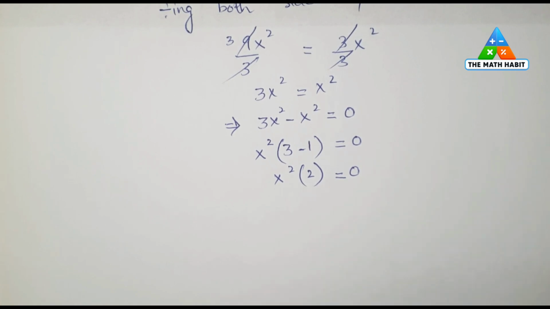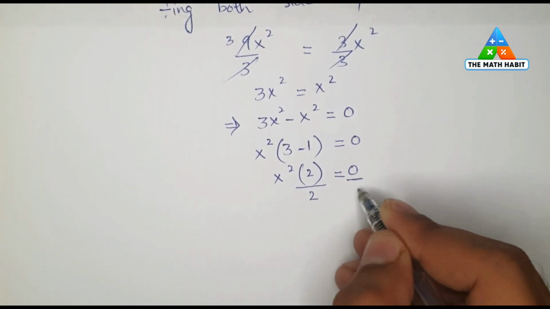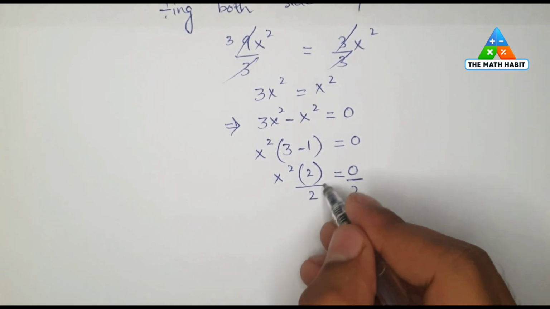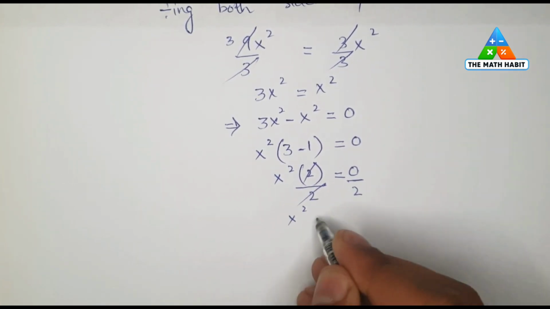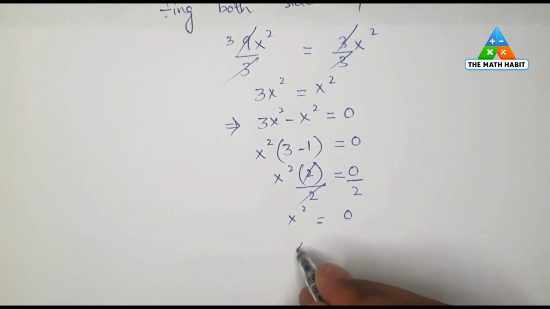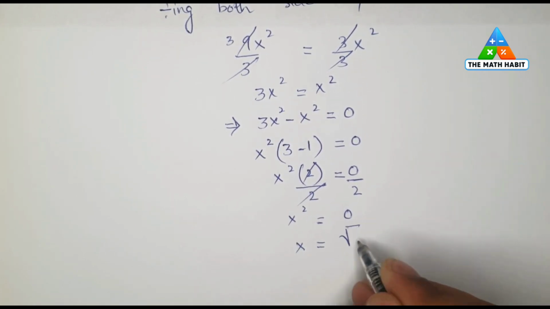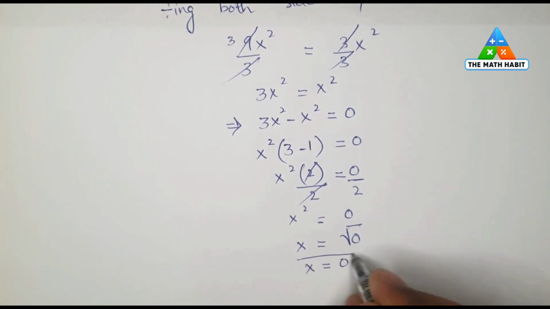Now for further simplification, we will divide the left-hand side by 2 and the right-hand side by 2. This and this will be cancelled out, and x² will be equal to 0 and x will be equal to the square root of 0, which is also equal to 0.